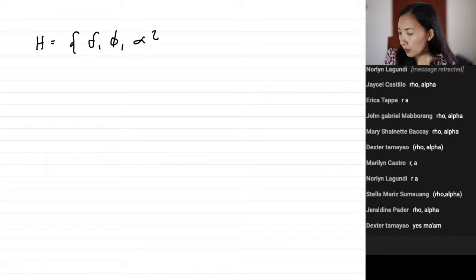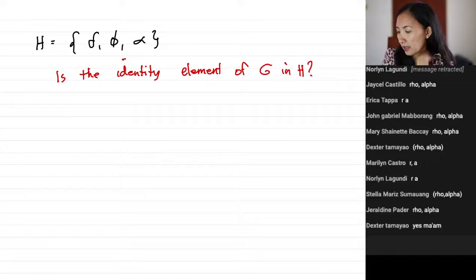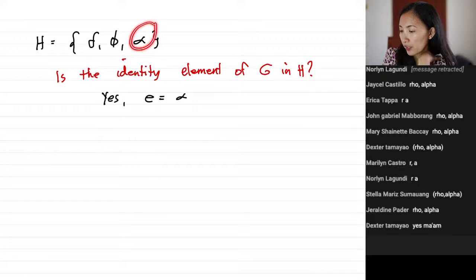Is the identity element of G in H? Answer: yes. In fact, e is equal to alpha. There it is. This is the first condition.